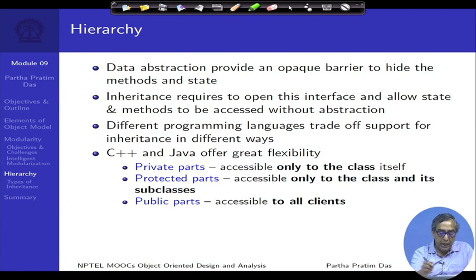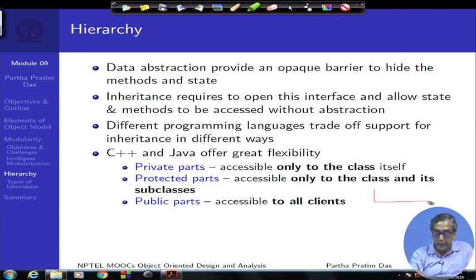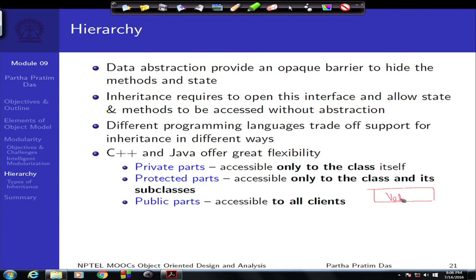Now, I come and say that here I have vehicle, it can transport, and then I have land vehicle, then I have car and so on. Now, if I have done my abstraction and encapsulation in the right way, then the properties of vehicle are encapsulated. Then how does land vehicle define how transport happens?